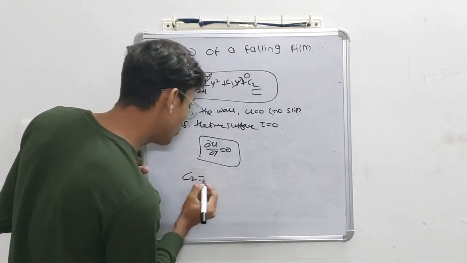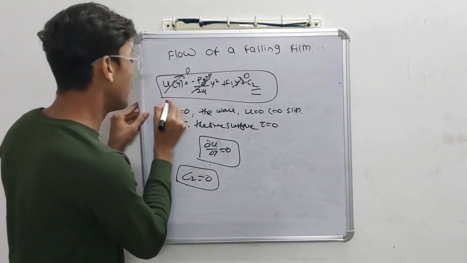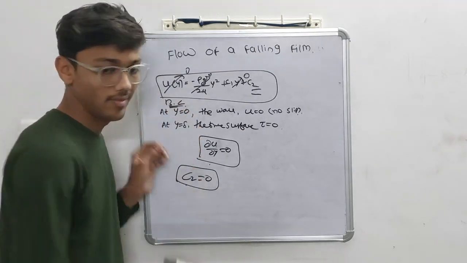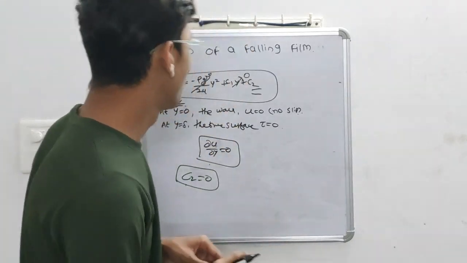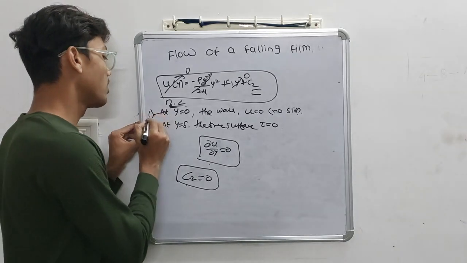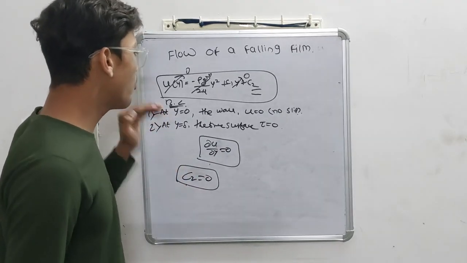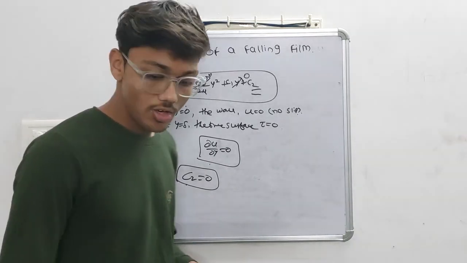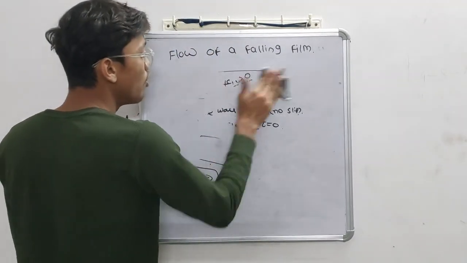Now apply condition 2 to this equation, and we get the value of du by dy.